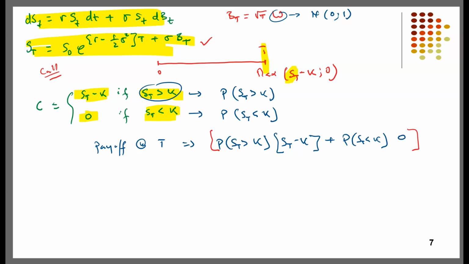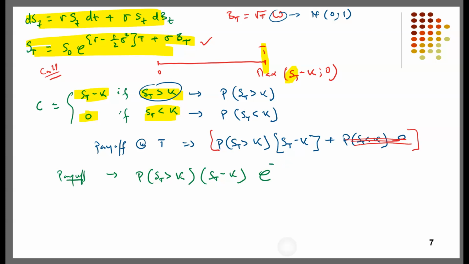Now this is always going to be 0, so we can essentially forget about this portion. So our payoff again is going to be equal to the probability that the stock price is above the strike price multiplied by the difference between ST and the strike price. That's going to be the payoff at time t, and we need to discount that payoff, so we're going to multiply by the exponential of minus RT.